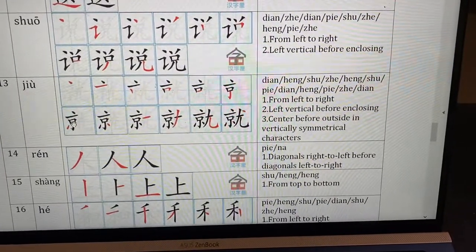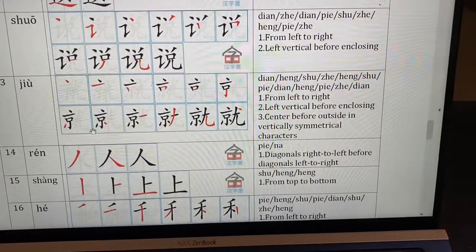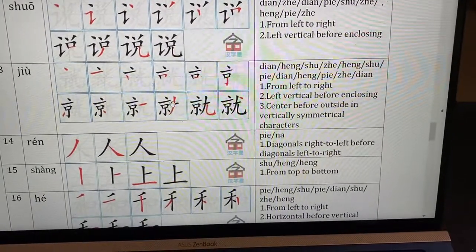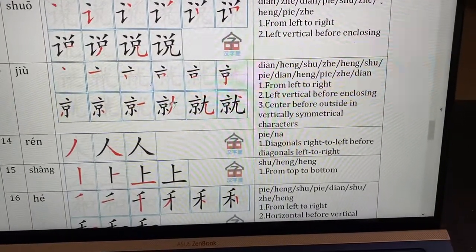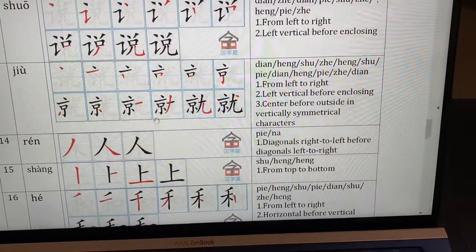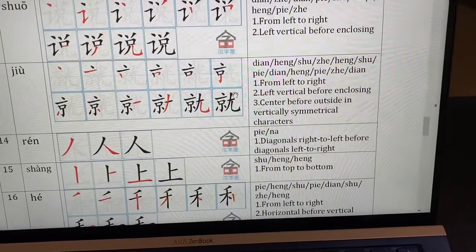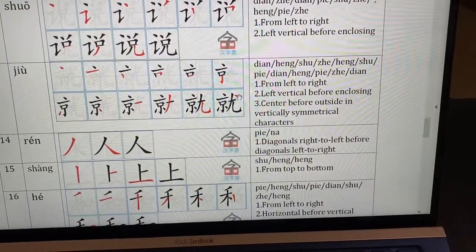So you write the center part and then left and then right. And here you have a small crossing. So heng first and then pie and then zhe and then dian at the corner.